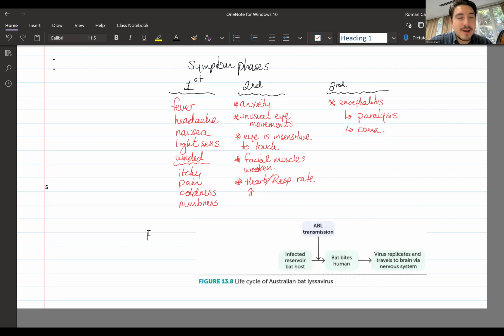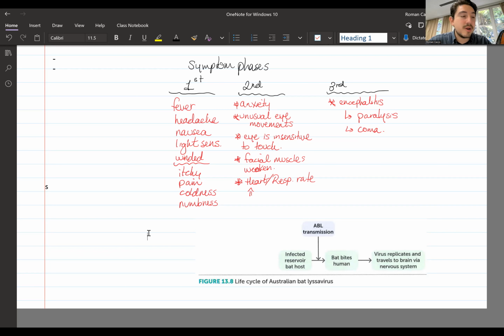Basically, you can touch your eye, you won't really feel that there's a physical touch on your eye, right? Facial muscles will weaken. Remember, this is also influencing muscle nerves, motor nerves, right? Heart and respiratory rates will change, right? Can increase.